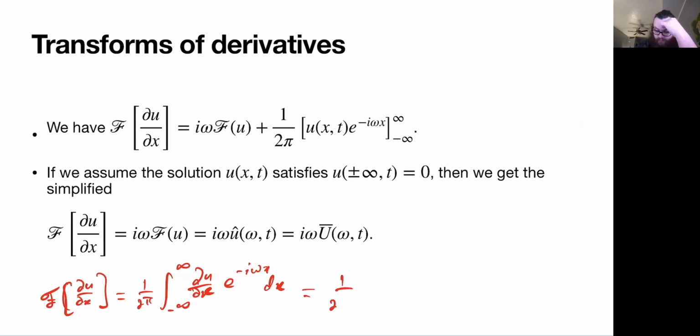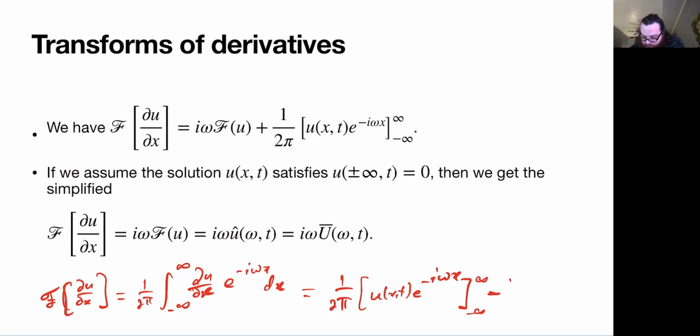So this is going to be 1 over 2 pi times uv, which in this case is u of x comma t times e to the minus i omega x, evaluated at our bounds, minus infinity up to infinity.